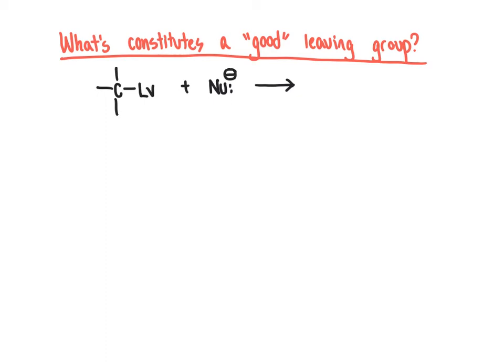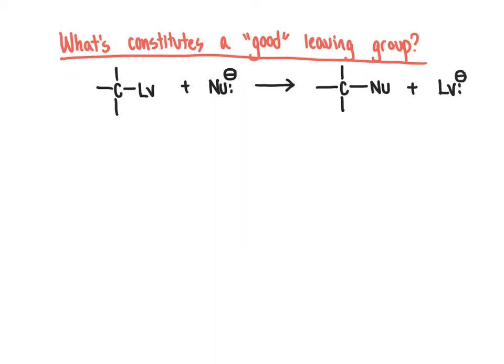So for this particular generic scenario, I'm going to put in nucleophile, it's negative. My ends of the line here are just going off to whatever atoms we want. We're going to replace the leaving group with the nucleophile once the leaving group breaks away, and to maintain the formal charge here, I'm going to put that as LV with a negative formal charge.